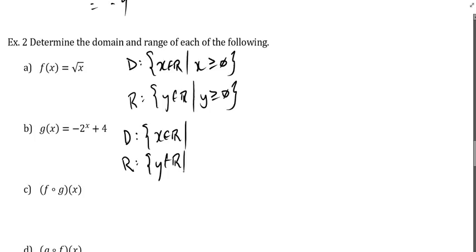Somebody help me out with domain and range for g of x. What are the transformations? What's happening? What does it look like? You might want to sketch it, think about it, something like that.